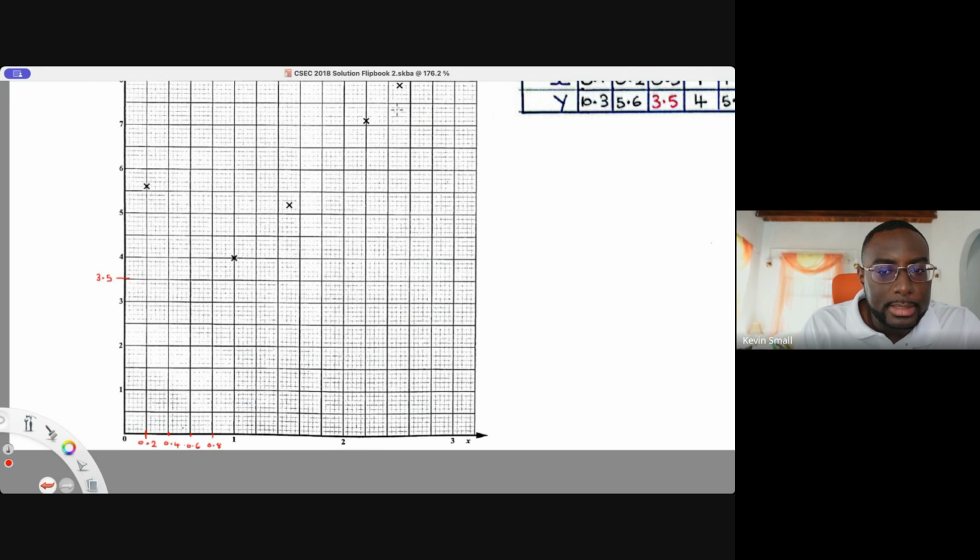And 0.5, let me get my ruler. It is right between 0.4 and 0.6. So it's actually in this open space right here. Okay, so let me just see.